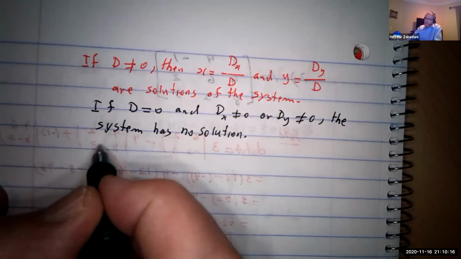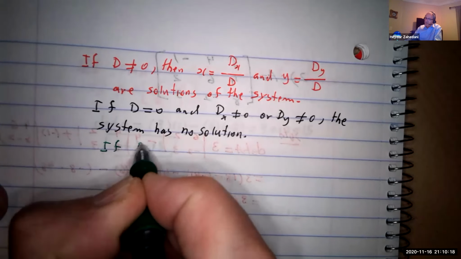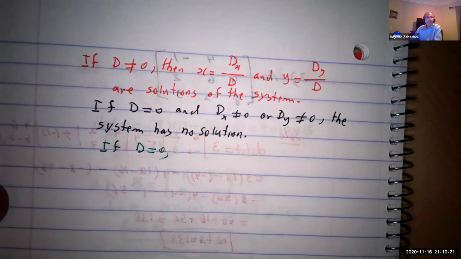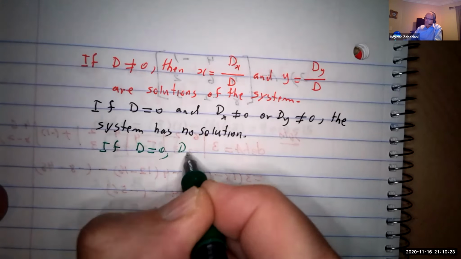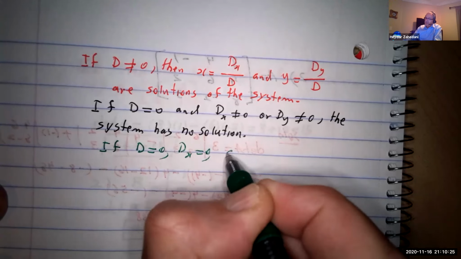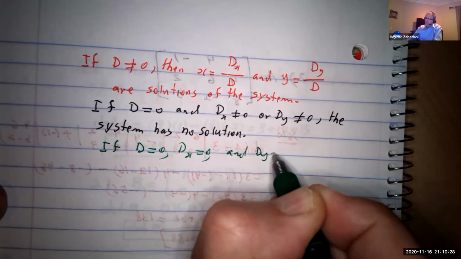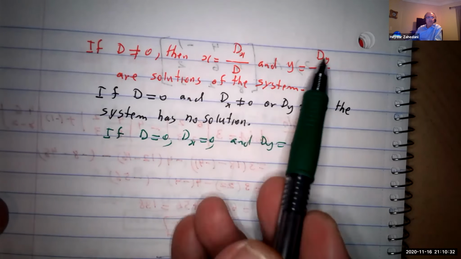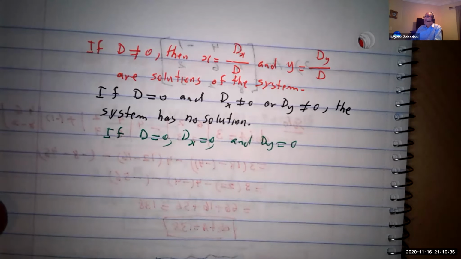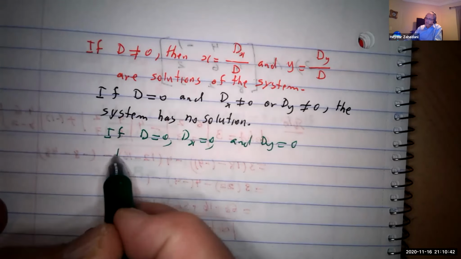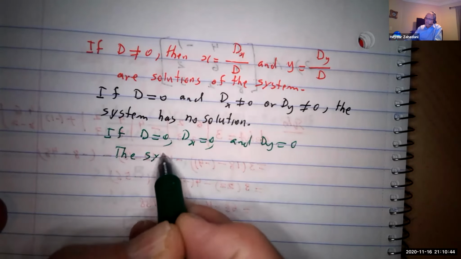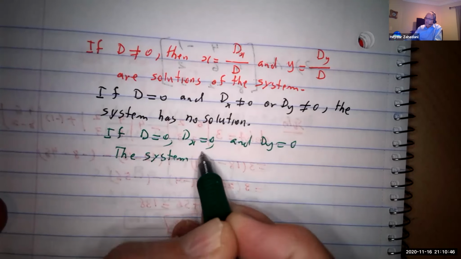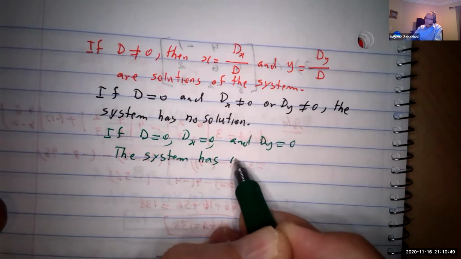So what's going to be the third case? If D is equal to 0 and Dx is equal to 0 and Dy is equal to 0, in this case we get 0, 0, 0, 0. As in algebra, the system would have infinitely many solutions.